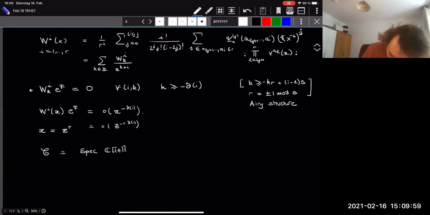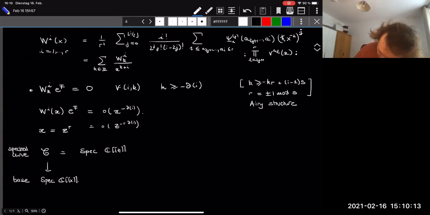And that has a projection to Spec of C[x]. So that's the base, and that's the spectral curve. So we learned that this quantity is meromorphic with poles of controlled order.